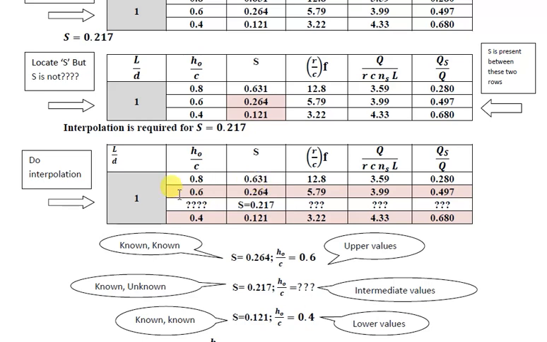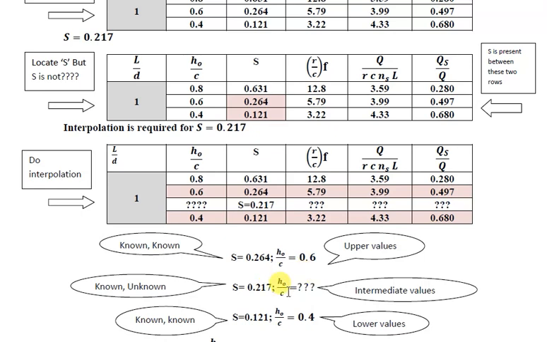This is S and this is H0 upon C for the upper value. Similarly for lower value S is equal to this one and correspondingly H0 upon C is 0.4. So upper value and lower values you have to write, and then we have to find the intermediate unknown value.